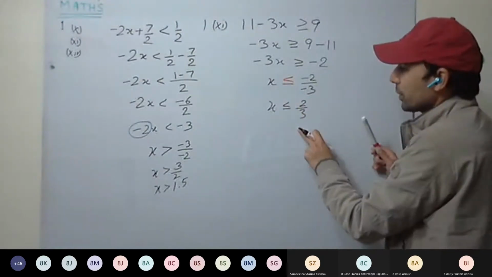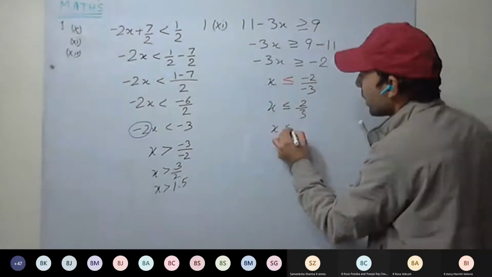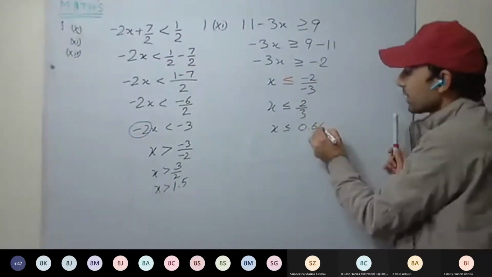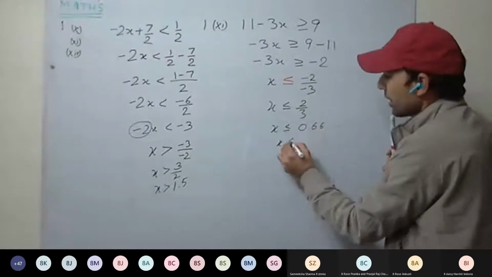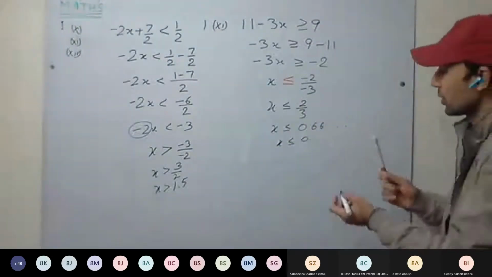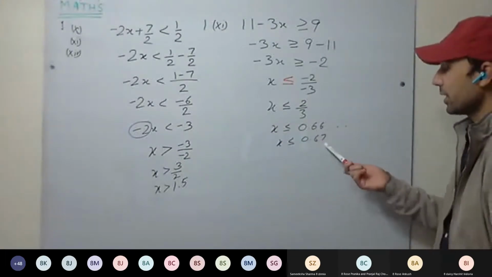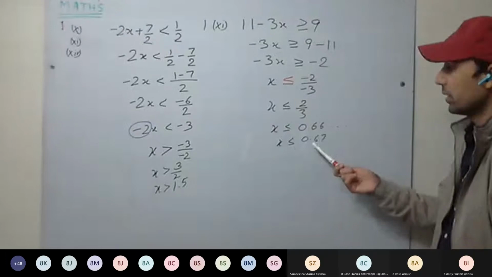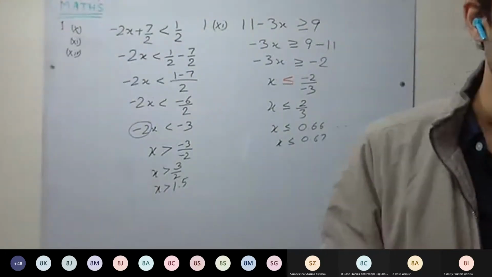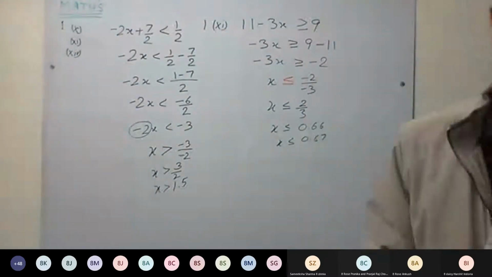So convert it into decimals: 0.67, or 0.6666. So x less than or equal to 0.67. You can round it off as well. Now, less than or equal to 0.67, only 0. What will be the answer? Only 0 is less than 0.67. So 0 is the answer.